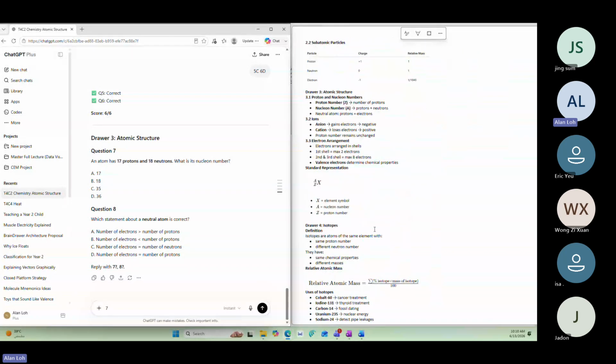What is the nucleon number? C and D. Nucleon number is proton plus neutron. Number 8. Which statement about a neutral atom is correct? All right, so we have Xingling leading the way.